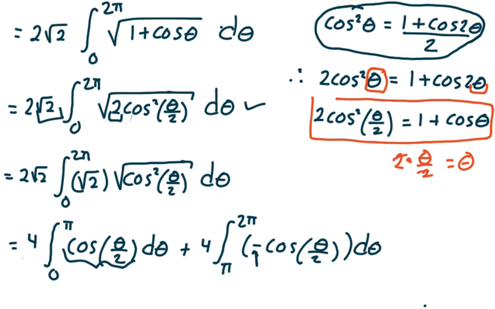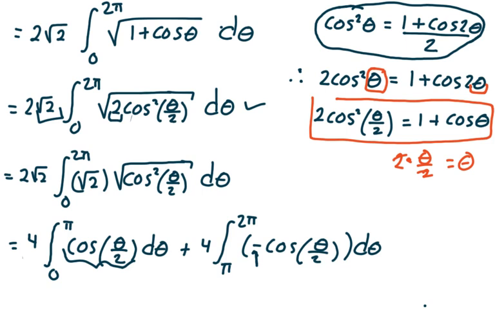I'll explain that at the end of this video. So I claim we have to break up this integral at pi. And so when I do that, I get 4 times the integral from 0 to pi of cosine of theta over 2 d theta plus 4 times the integral from pi to 2 pi of negative cosine of theta over 2 d theta. Again, I will explain this at the end of the video.